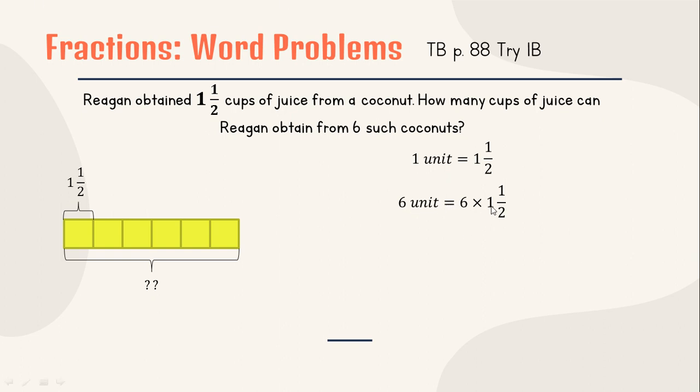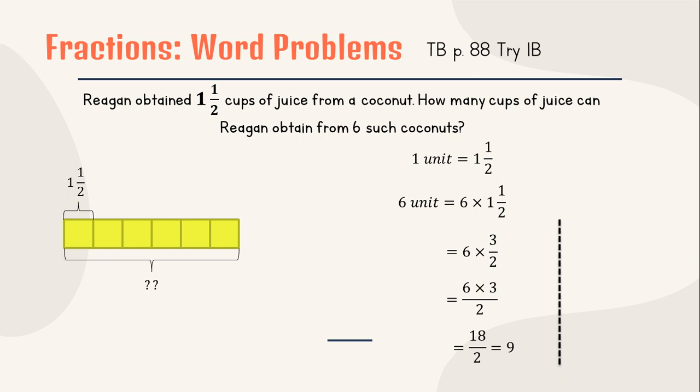6 times 1 1/2. Don't forget, in multiplication with whole numbers and mixed numbers, you gotta make the mixed numbers into fractions. Don't forget to convert the mixed numbers into fractions. So 6 times 3/2 equals 9.